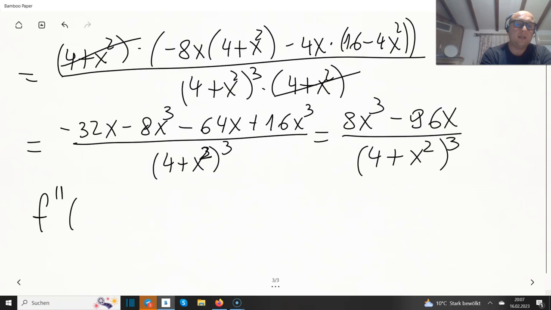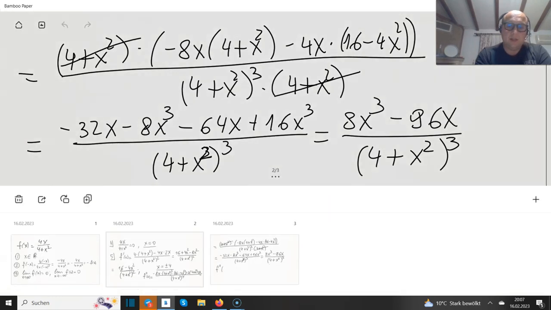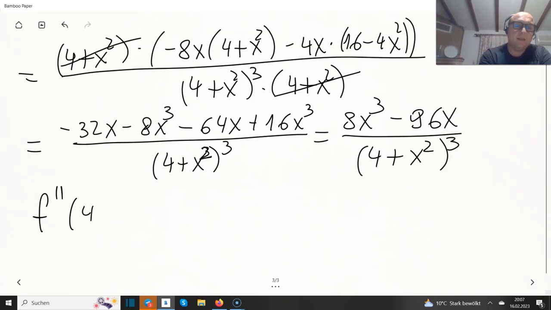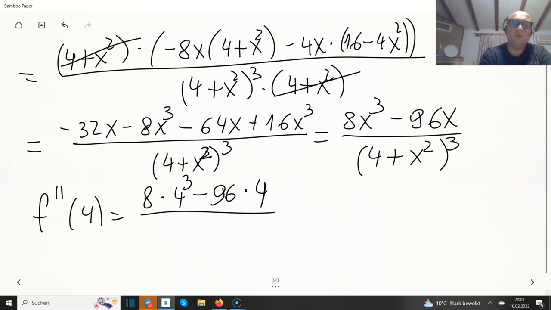Let us put into the second derivative in order to figure out max or min, because of the symmetry, I'll only do it once. Let's put plus 4 inside. So we're going to get 8 times 4 cubed minus 96 times 4 divided over 4 plus 4 squared and the whole stuff cubed. Don't forget, we're only interested in the sign.